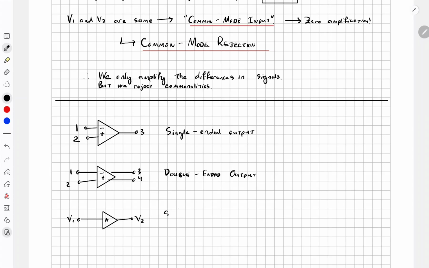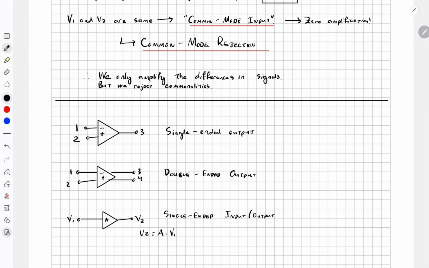This is called single-ended input and output. It just takes your input voltage multiplied by some gain. So it's just V2 is equal to A times V1, right? It's very simple.